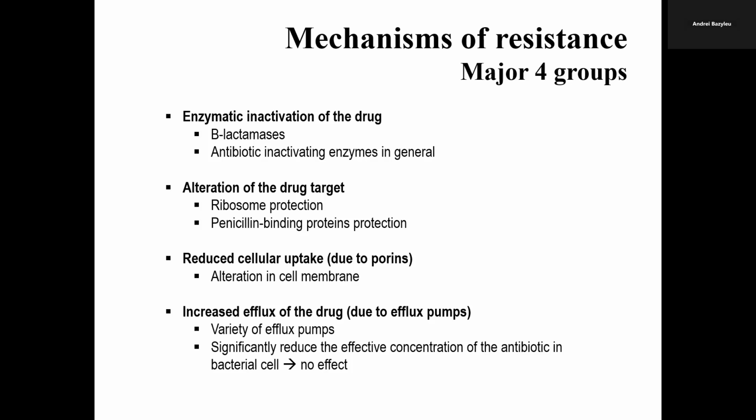So one way for the bacteria to protect itself, in our analogy, one way to not have the interaction between the key and the door is to do something to the key, right? You break the key. So that would be like an enzymatic inactivation of the drug. The other approach would be, I don't know, to stick something into the door lock so that the key cannot go in.